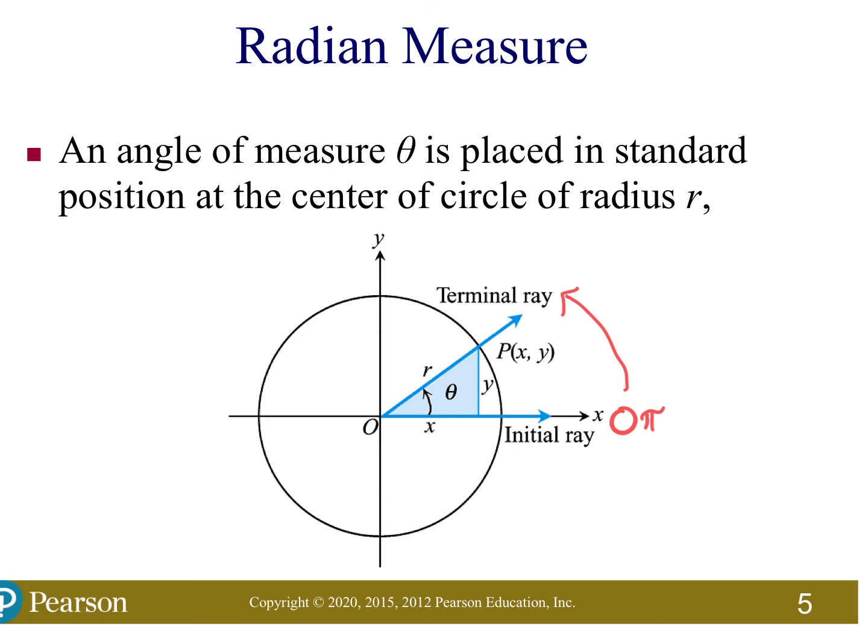Is it possible to go all the way around and then continue? Yep, for sure. Then you're just going to go past. Those are called coterminal angles. We mostly are going to stick within 0 to 2 pi. But you should be comfortable if I ask you, where's 3 pi? Well, 3 pi is if I went all the way around and then went around again and stopped right there as an example.